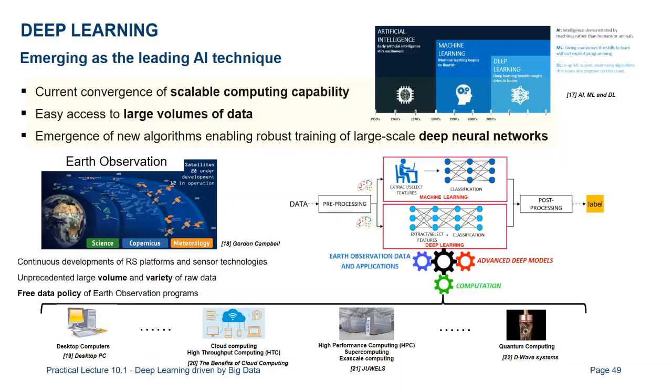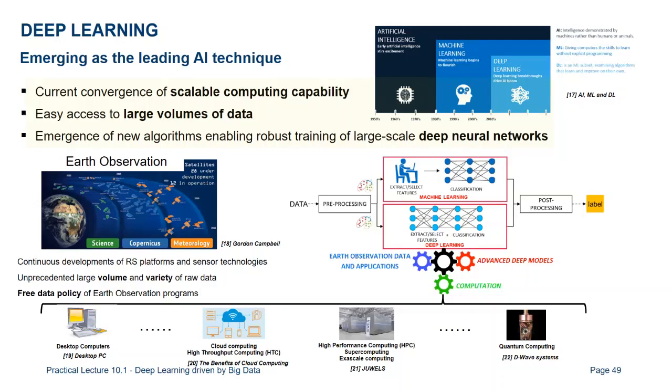Then of course you have another very important aspect, which is access to large volumes of data. This is very important, especially with the internet nowadays, and of course all the different types of sensors that you can imagine. I will give you a concrete example from my research field, which is remote sensing and Earth observation, where we have a large variety of sensors, satellites, but also different types of platforms like airborne, drones, you name it.